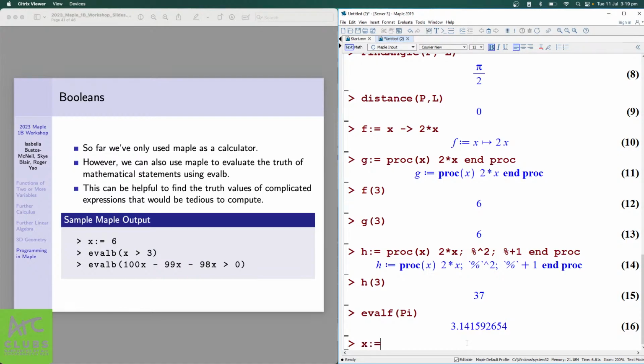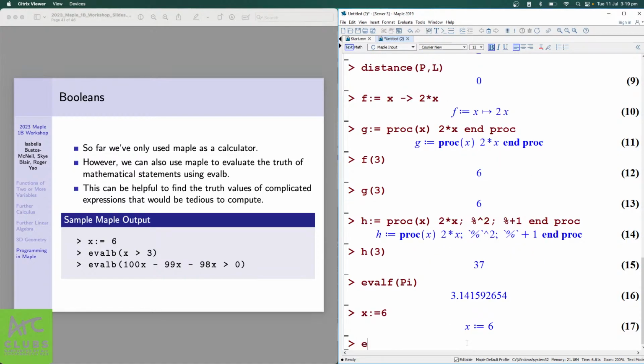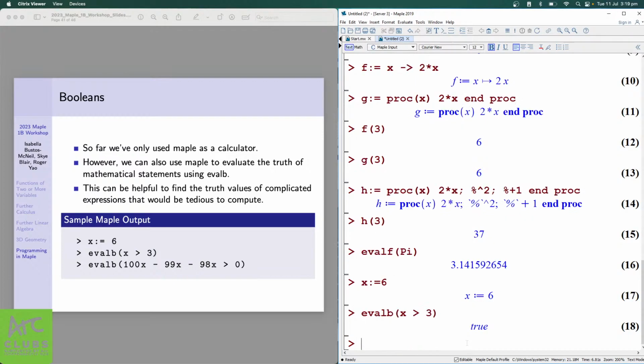So let's define x to be equal to 6. Let's evaluate the truth of whether x is greater than 3. It's true. Hopefully we all knew that was true. In this example, it's not really helpful to use evalb, but for more complicated expressions where evaluating is a lot more tedious, we can use evalb to take a shortcut.